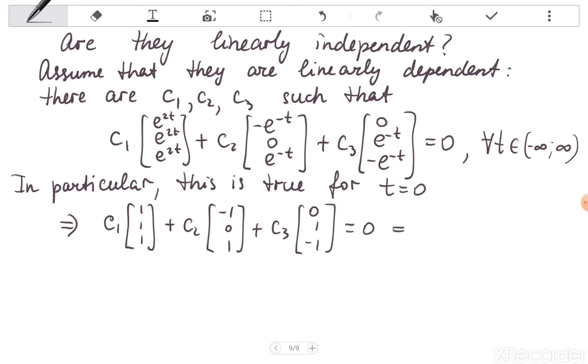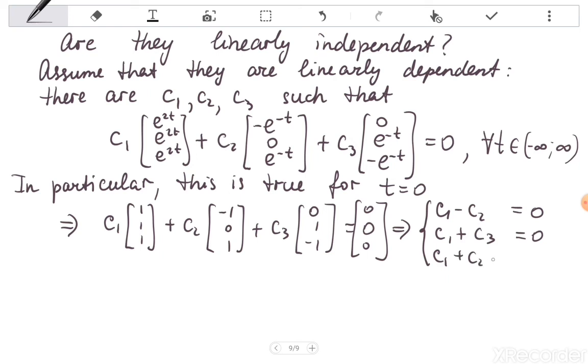Or we get the system: C1 minus C2 must be 0. This is the 0 vector, right? So component-wise they must be equal, plus C3 must be 0, and C1 plus C2 minus C3 must be 0.